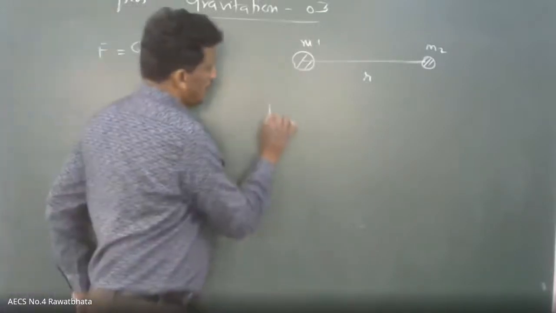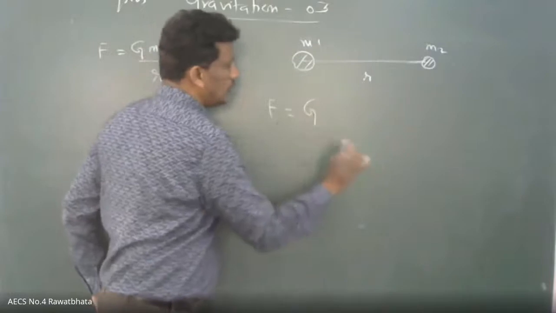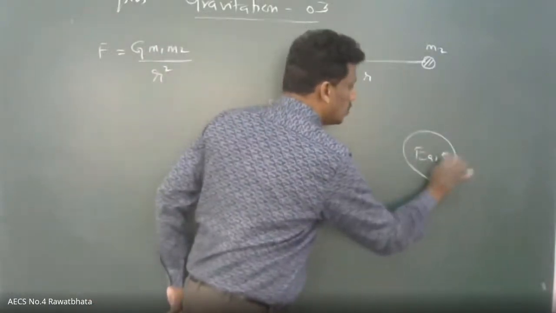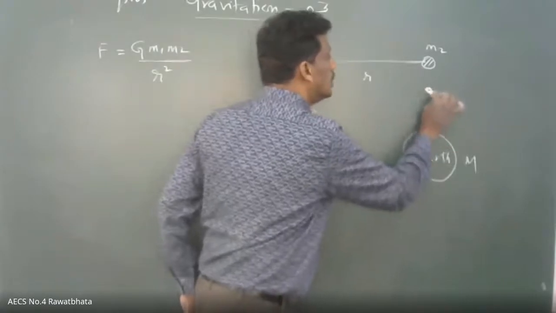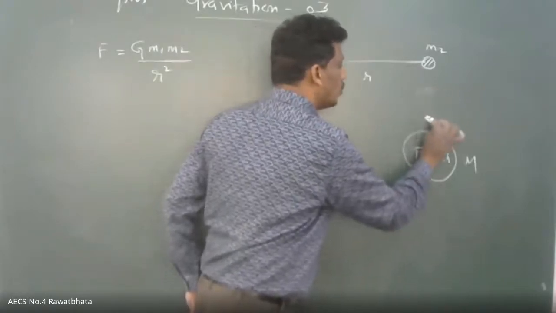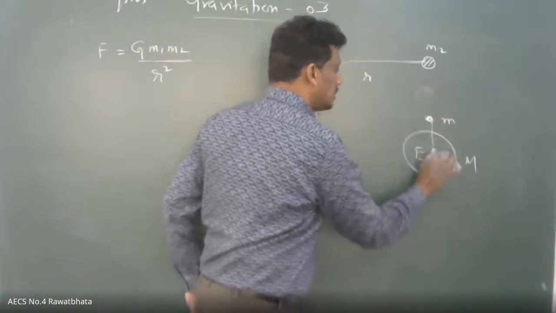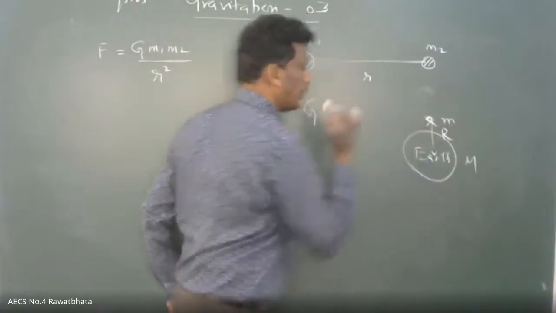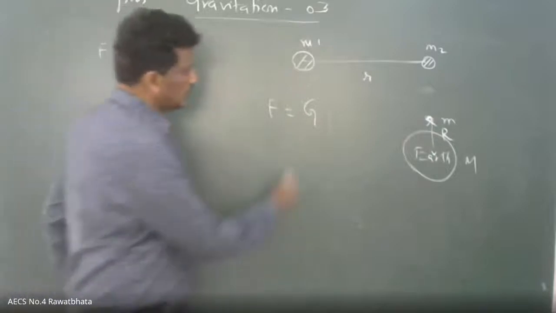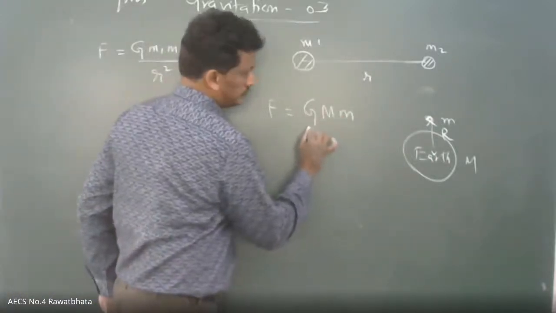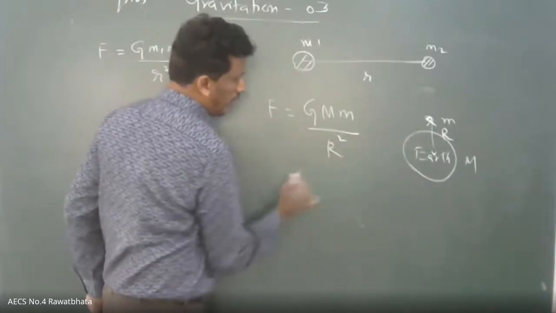How? F equals G. Suppose this is the earth and a mass m is here, very close to the earth, so the distance is almost equal to capital R. So G M m upon capital R square.